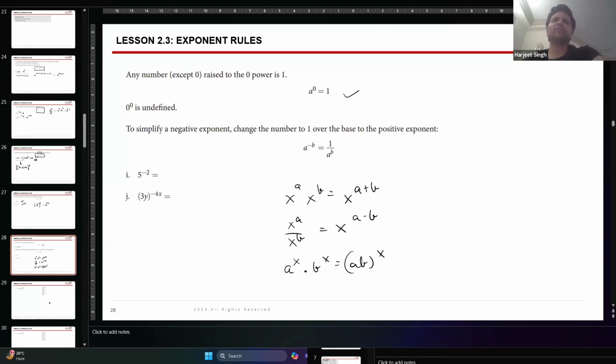Yeah, so these are some of the rules. And of course, a raised to x raised to y is a raised to xy.